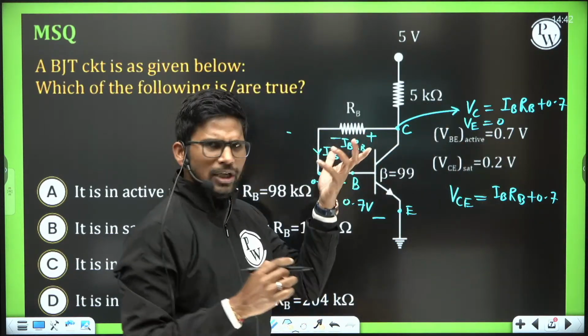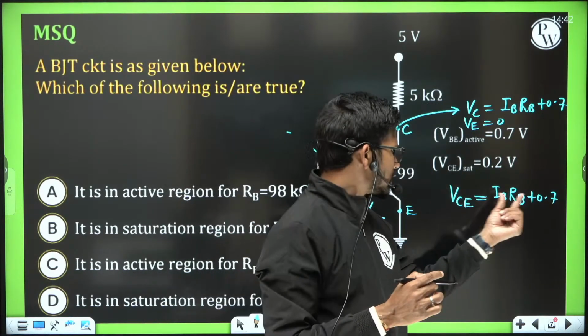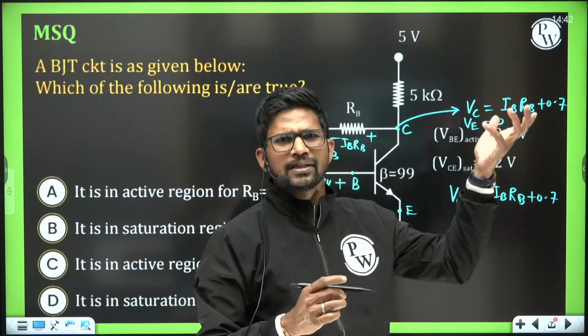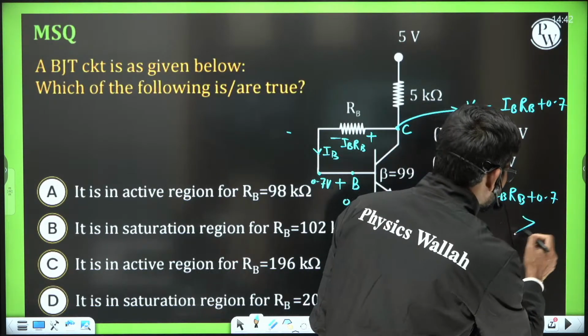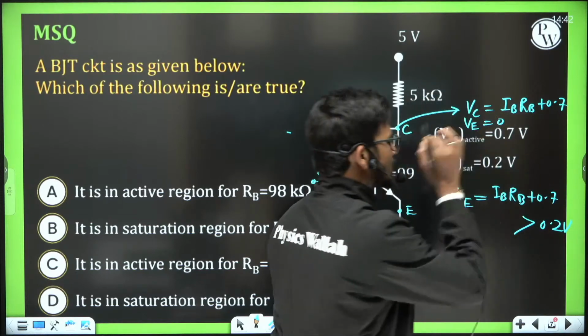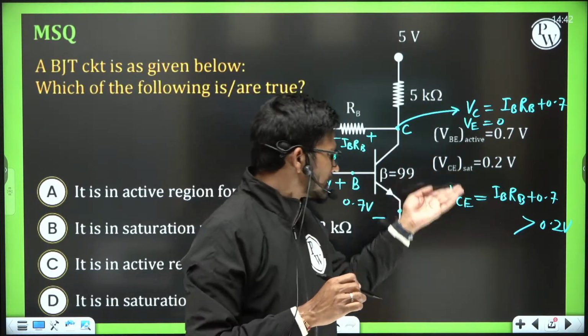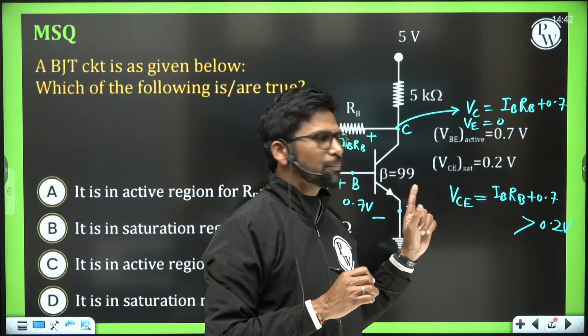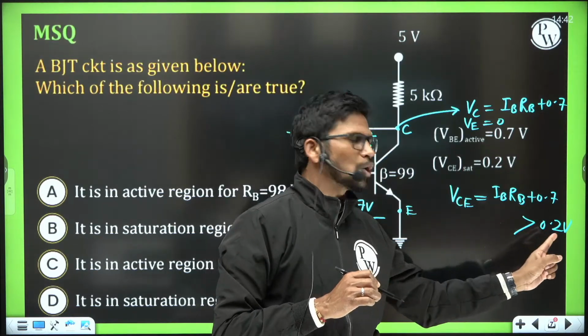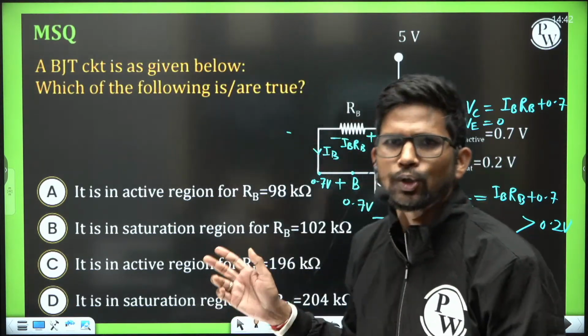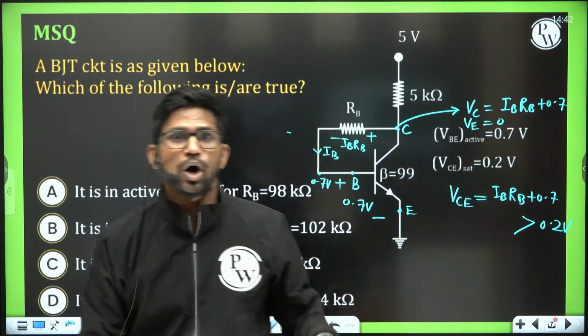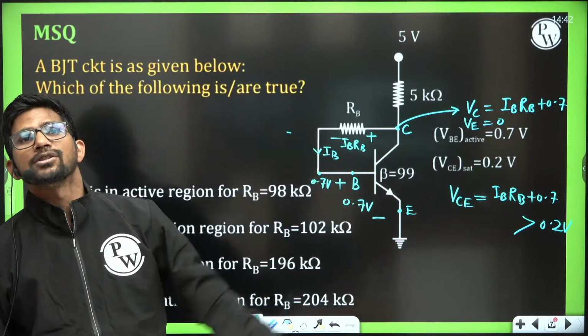This IBRB voltage will definitely be positive. So 0.7 plus something is greater than 0.7, and greater than 0.7 means it is greater than 0.2 also. Therefore, in this BJT, VC is always greater than 0.2 volt, so this on BJT will definitely be in active region always.